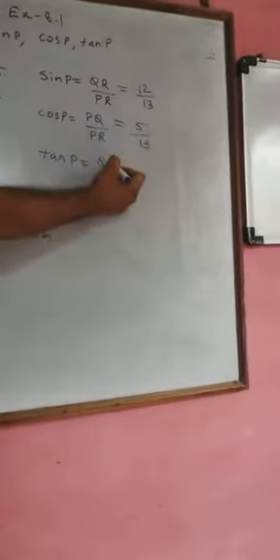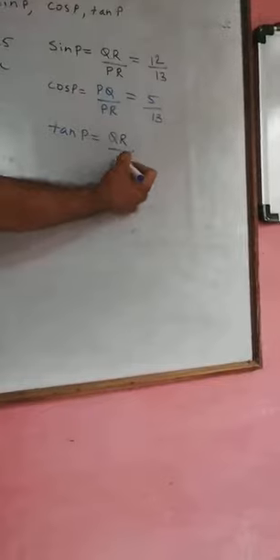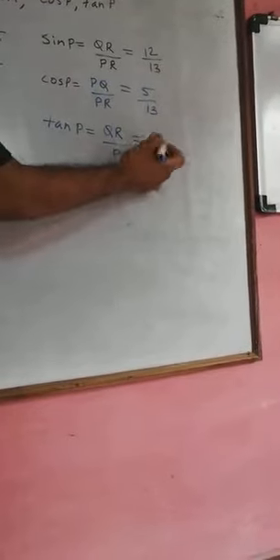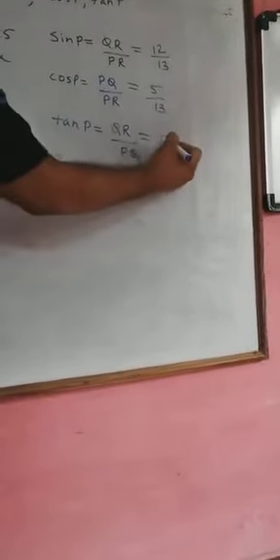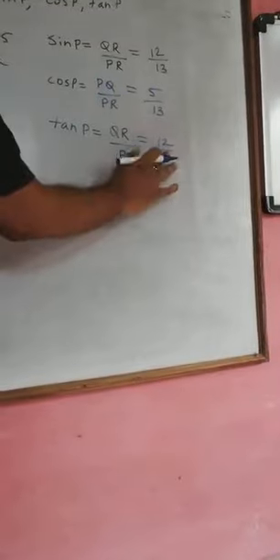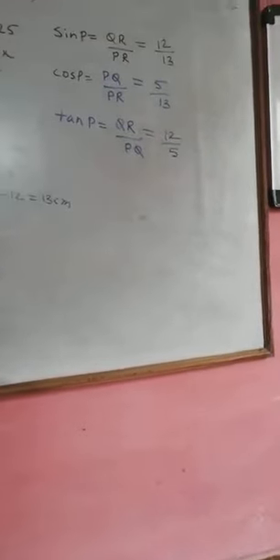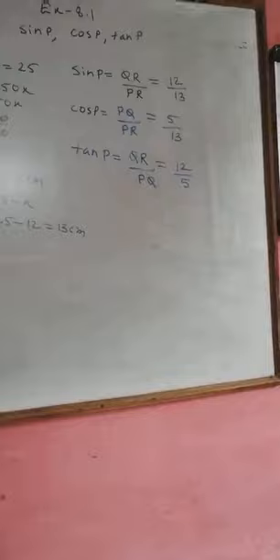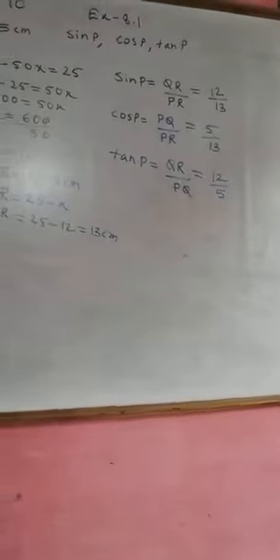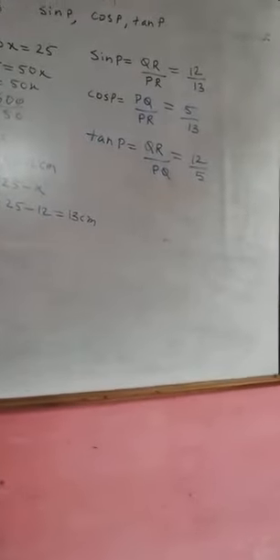Perpendicular is QR, base is PQ. QR we have 12. Base is 5. So tan P is 12 upon 5. So we got the values of sin P, cos P, tan P.